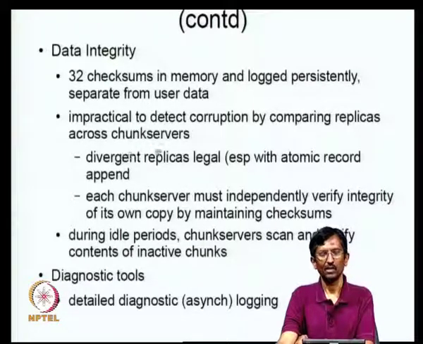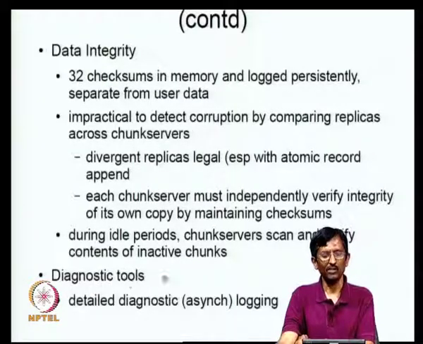Actually, each chunk server must independently verify the integrity of its own copy by maintaining checksums. The reason is that replicas can become divergent, because it is part of the semantics. We noticed that with atomic record appends, things can diverge. Therefore, each chunk server is responsible for its own checksums and checking them. Again, during idle periods, chunk servers scan and verify the contents of inactive chunks.